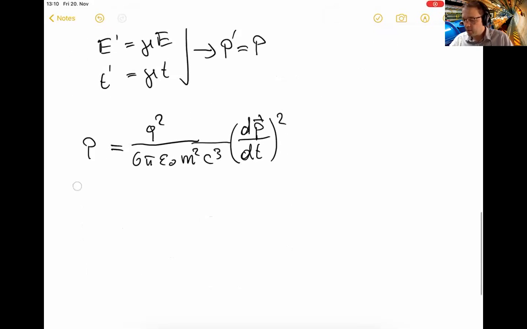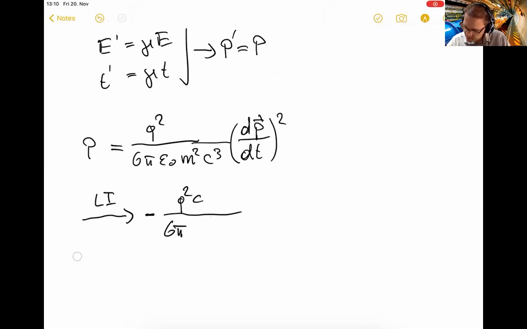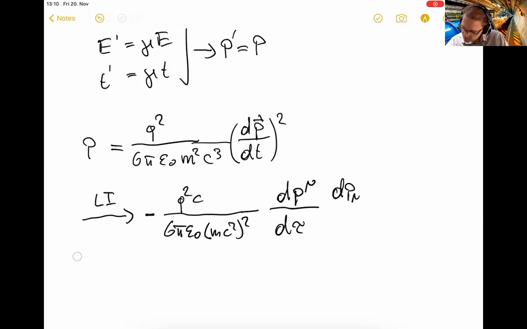Now in the Lorentz invariant form, I first write it down and then I explain it. So this becomes minus q squared c divided by 6 pi epsilon 0 m c squared, times, and now we write this in Lorentz covariant form. These are now 4-vectors, dp mu with respect to d tau times dp mu with respect to d tau.